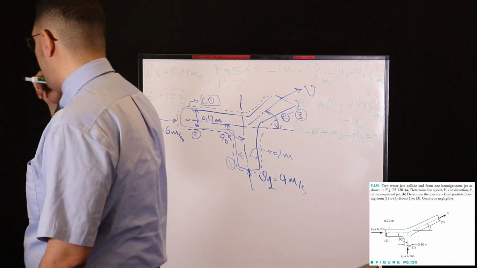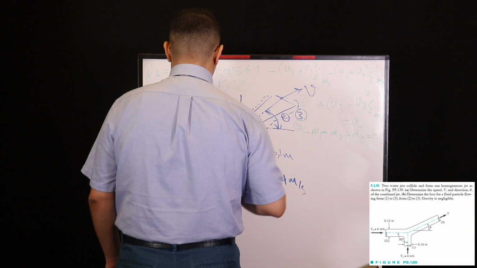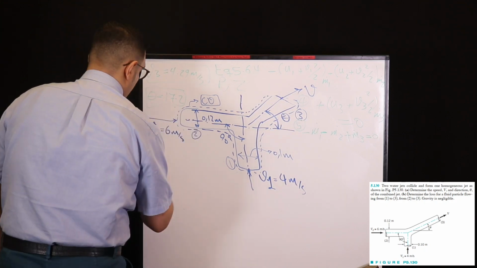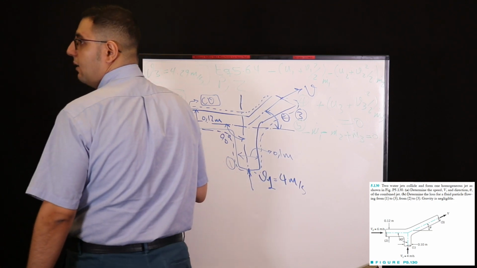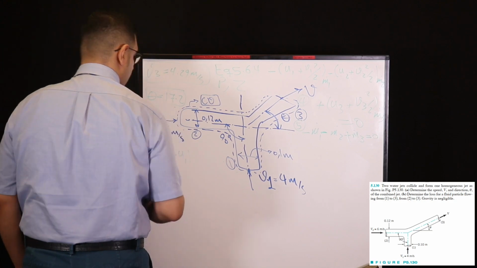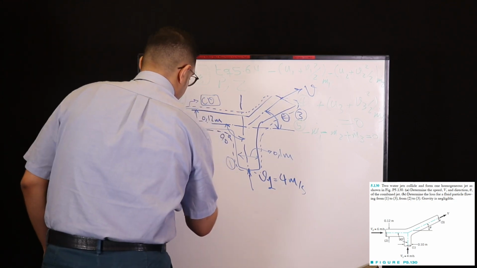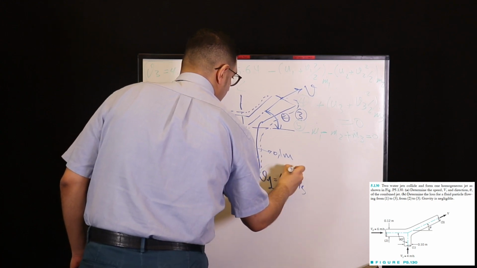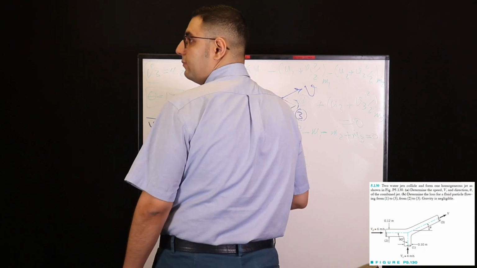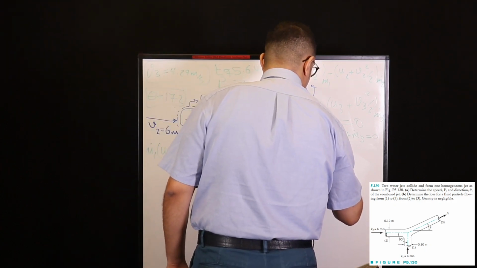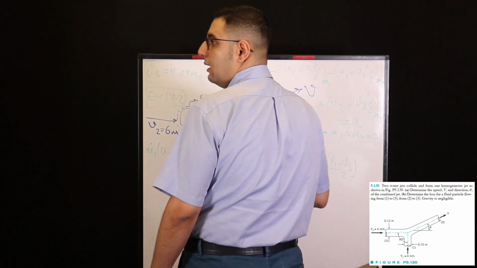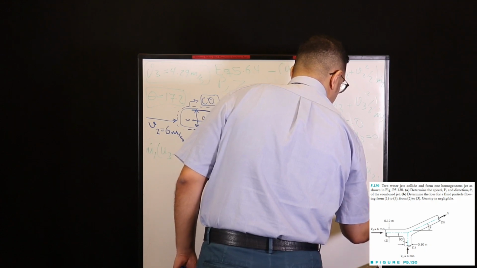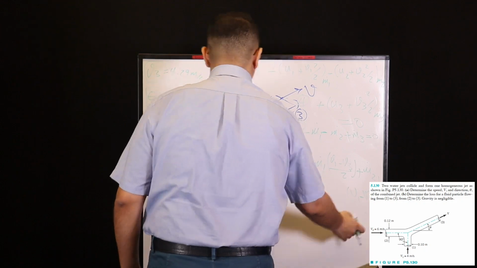Combination of equations 4 and 5 gives us the rate of available energy loss in the flow, which is M1 dot multiplied by U3 minus U1 plus M2 dot multiplied by U3 minus U2, equal to M dot 1 multiplied by V1 minus V3 divided by 2 plus M dot 2 multiplied by V1 minus V2 divided by 2.